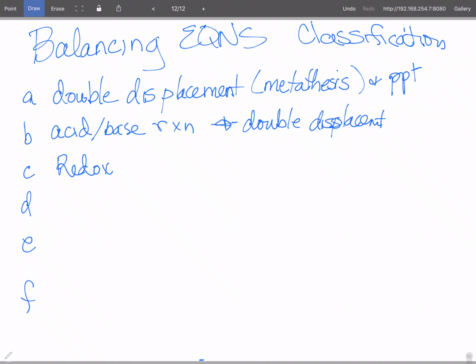D is silicon dioxide with bromine trifluoride going to silicon tetrafluoride and bromine and oxygen. So it is a decomposition because there are more products than there are reactants. And it's also a redox.